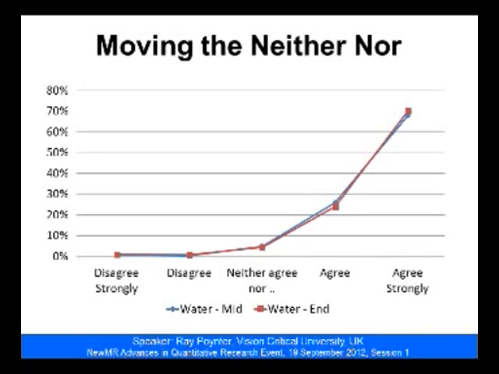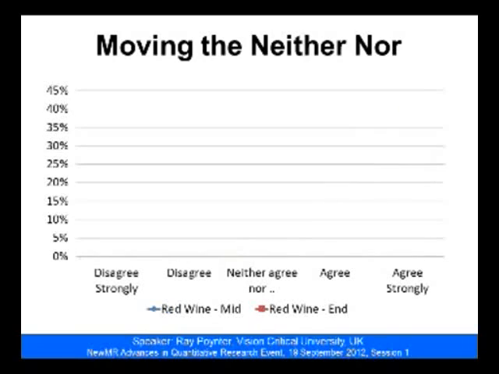And the blue line looks good, and then if we put it to the end, that looks good as well. So it makes very little difference. But that's probably because almost nobody disagrees or says neither agree nor disagree for water and healthy. Almost everybody agrees or agrees strongly that water is healthy.